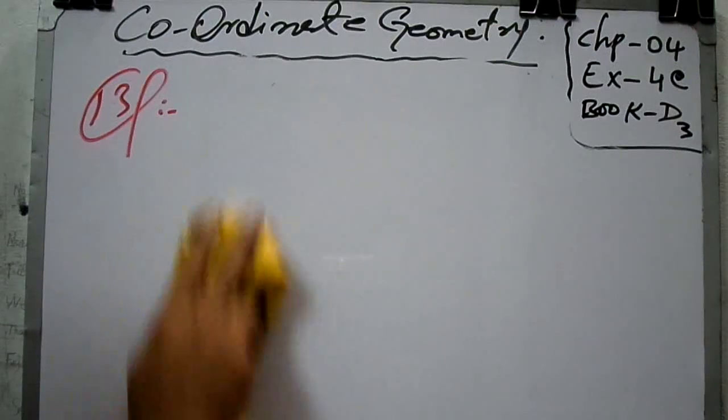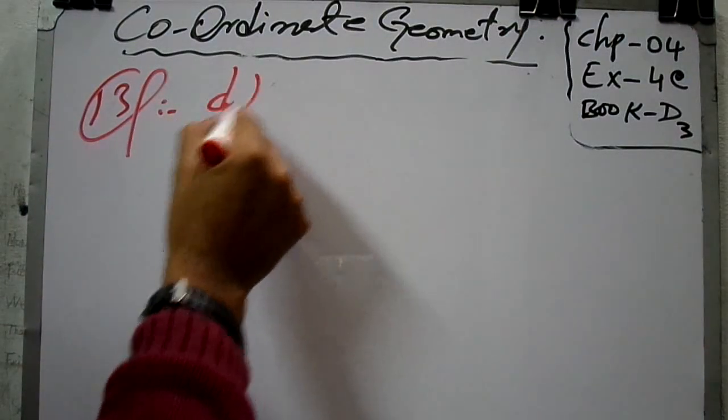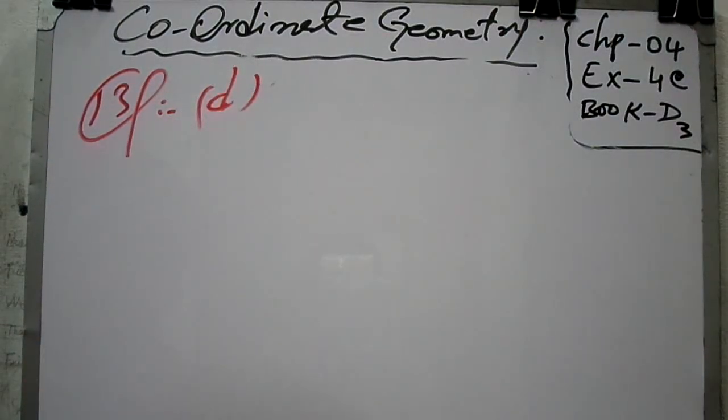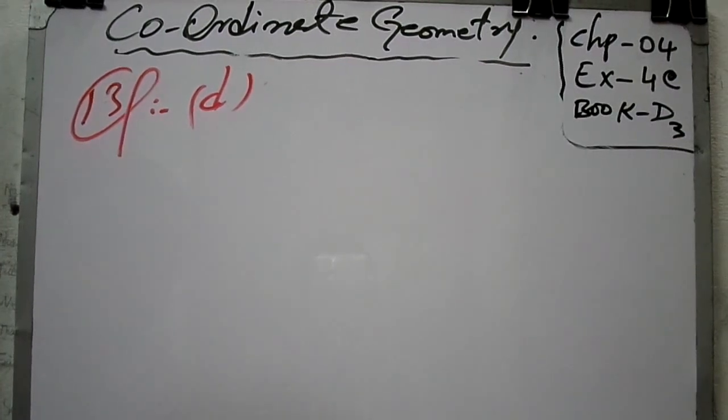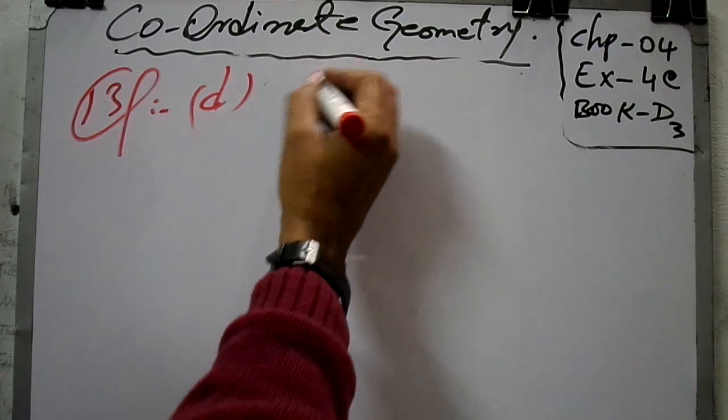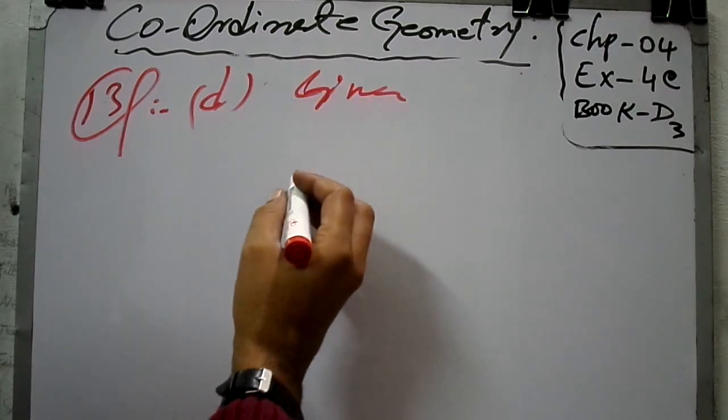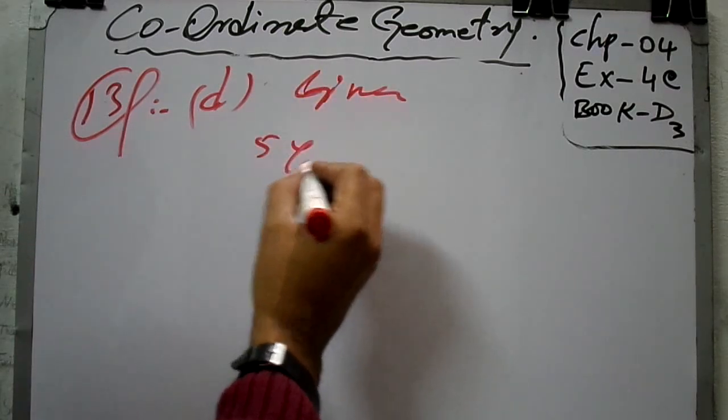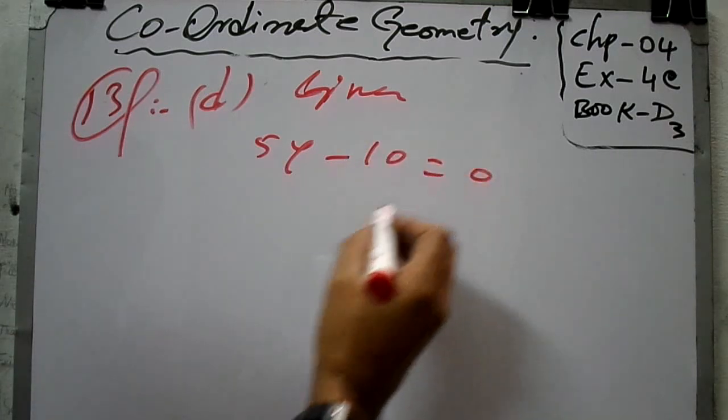In D part, you see in your textbook, that is the equation of the line passing through K and having the gradient of, OK, given, that is 5y minus 10 is equal to 0.